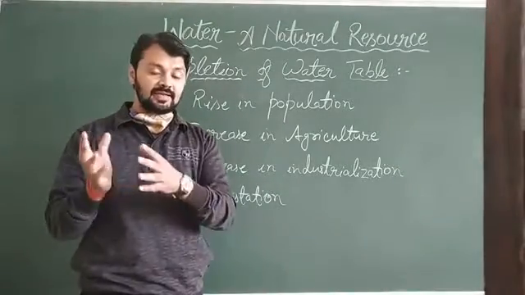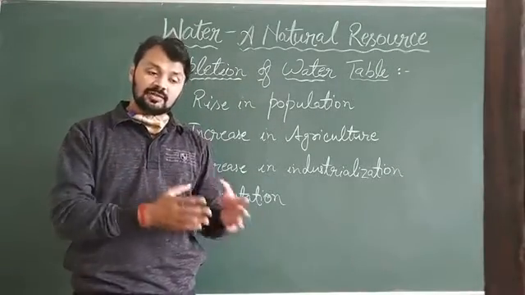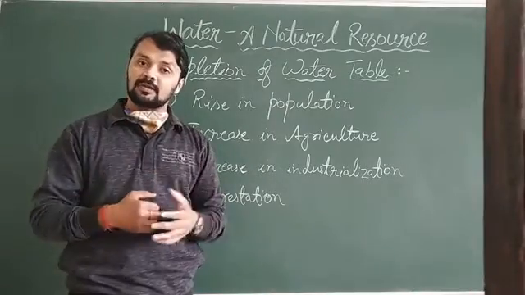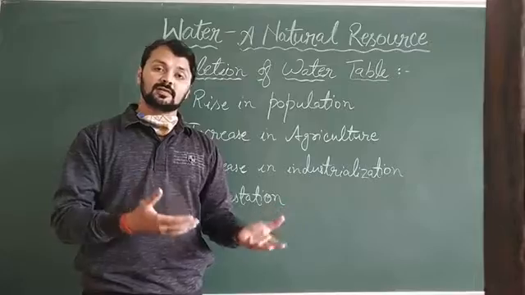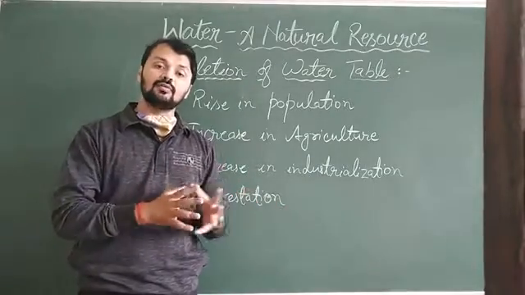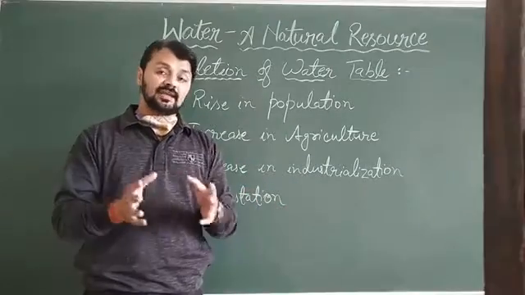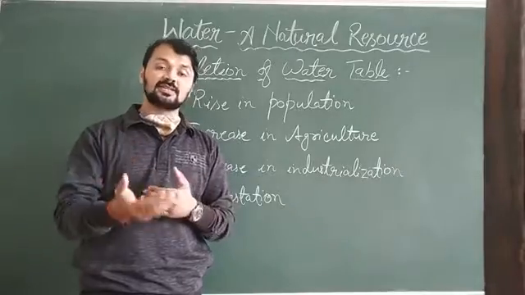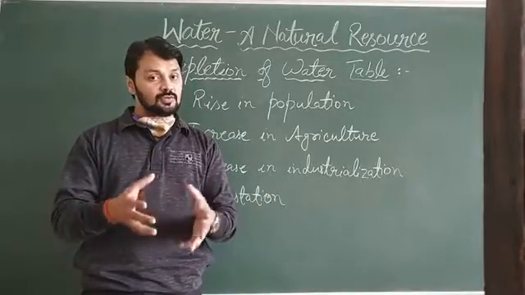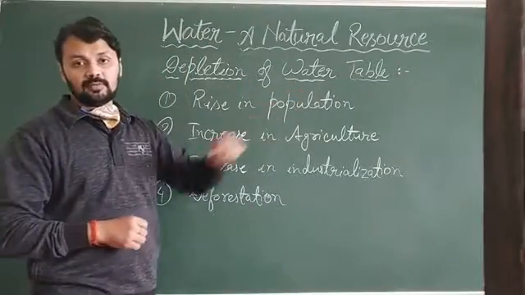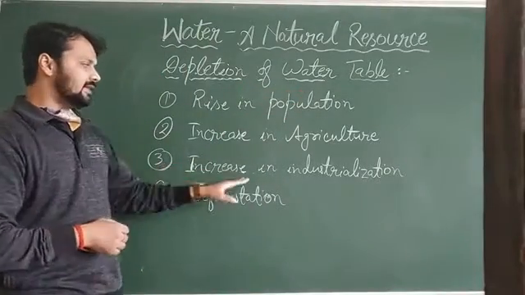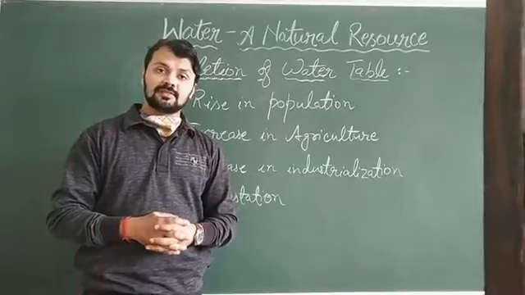So they make canals from the rivers for irrigation purposes. But because of less rain, or insufficient water in the rivers, the canals also dry up. So irrigation is also done by using underground water, which causes the depletion of the water table.